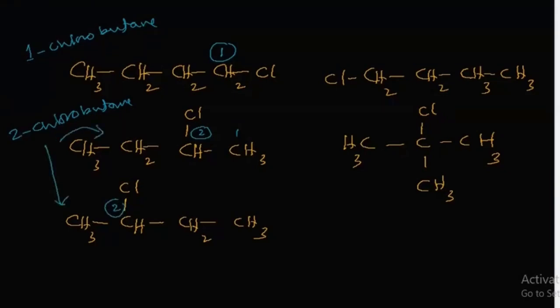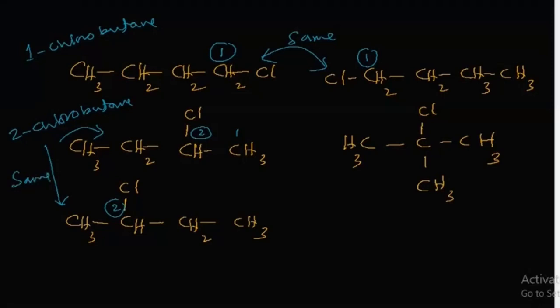So these two structures are the same. Either you can draw this one or this one. Now, look at this one. If I start numbering from this side, 1, 2, 3, 4, the chlorine is on the fourth carbon. And if I start numbering from this side, this is 1-chloro. These two structures are the same. Okay, and these two structures are the same.